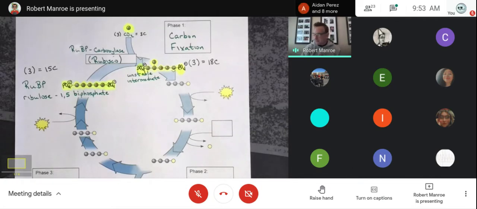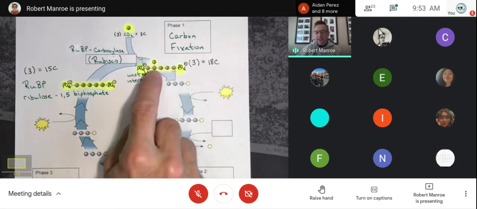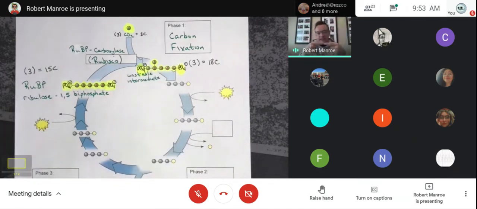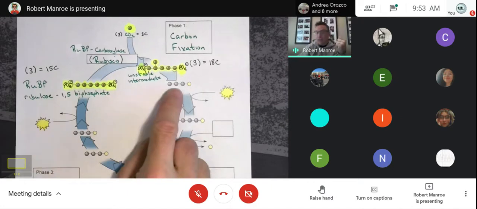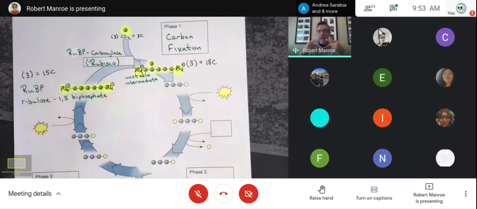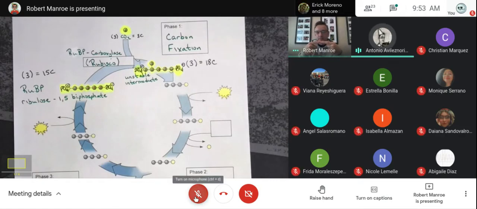Okay, all right. So this is unstable. This is a long 6 carbon chain, right? But now we only have a 3 carbon chain. So what do you think happens to that 6 carbon chain? It splits. Okay.